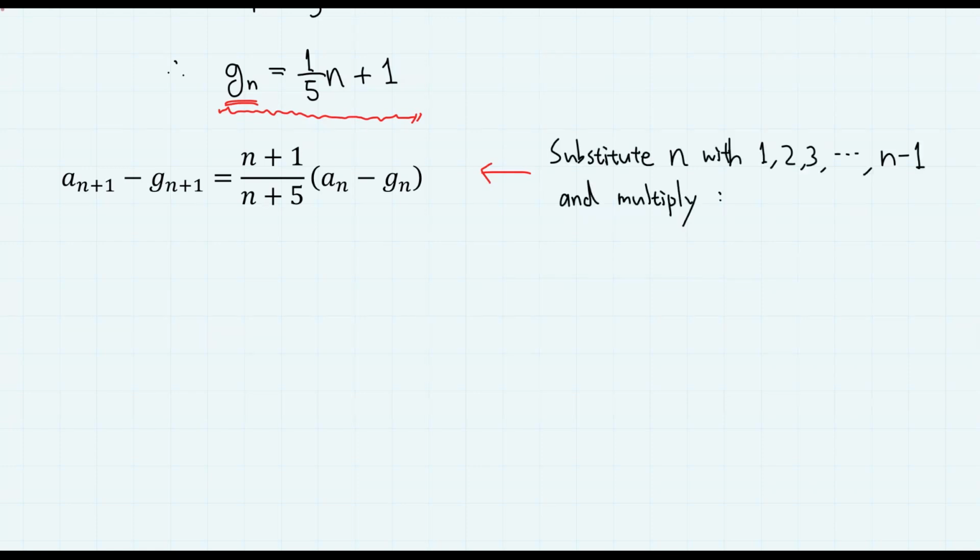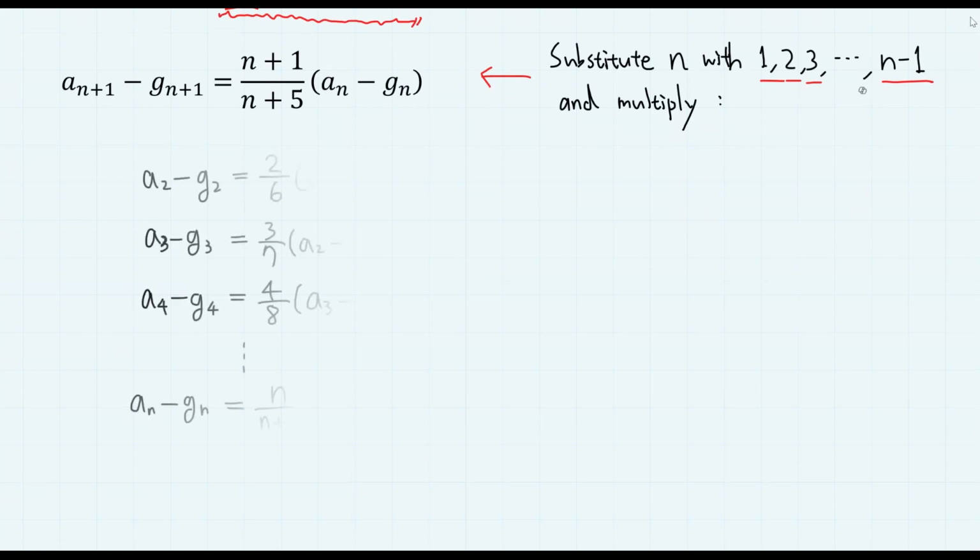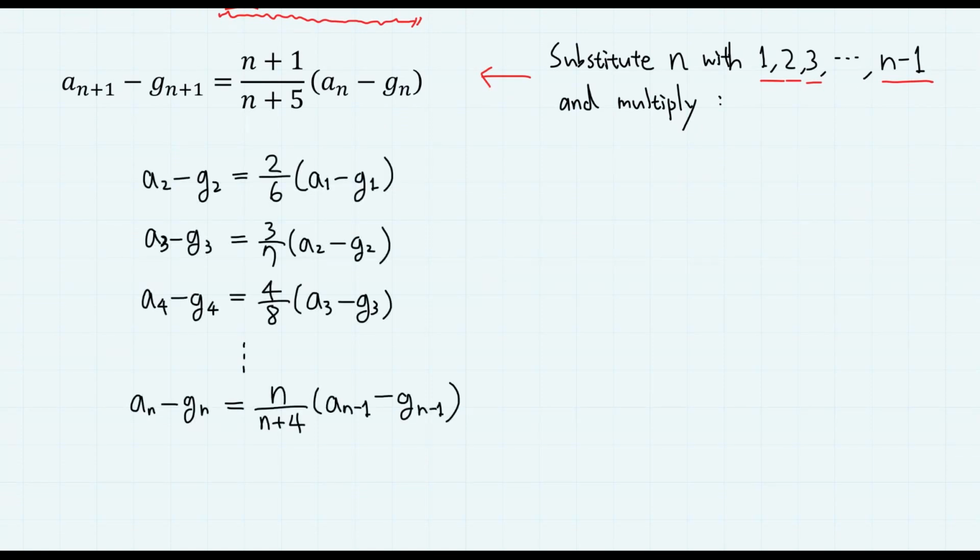So we substitute n with 1, 2, 3, dot dot dot, n minus 1 and multiply them, which gives this set of relations.